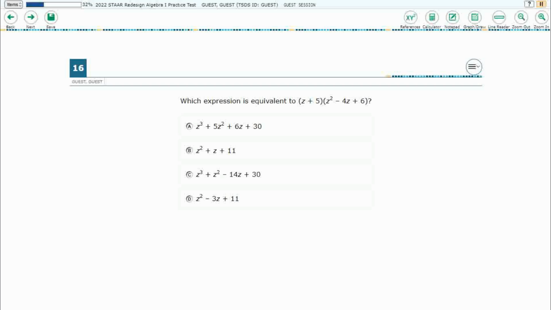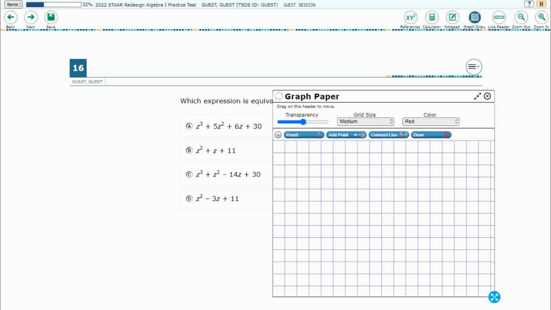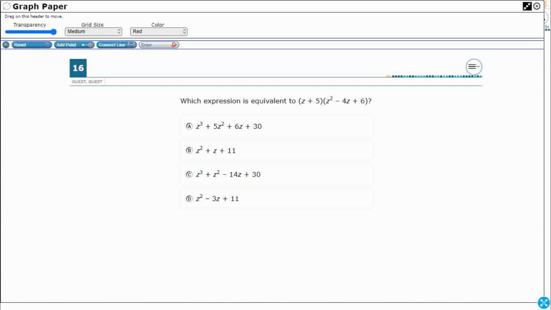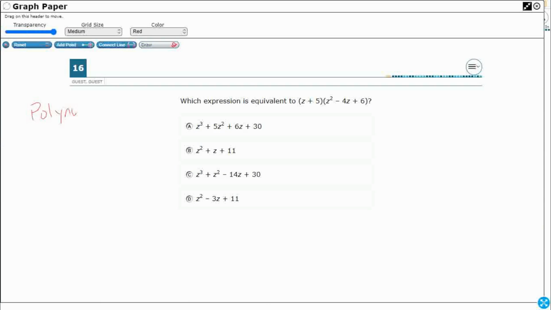So we need to find an equivalent expression to these two polynomials being multiplied by each other. And let's just define what I keep referring to, right? So we've got polynomials. Those are expressions that include many different terms.